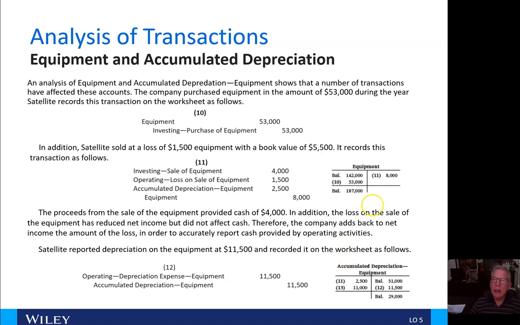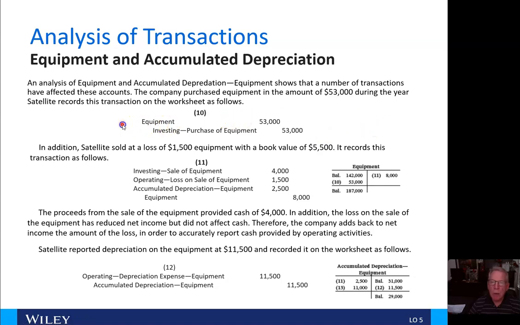And as we look at the equipment and accumulated depreciation here, in analyzing that, it shows a number of transactions that affected these accounts. The company purchased some equipment for $53,000 during the year, and Satellite records that transaction on the worksheet as follows.